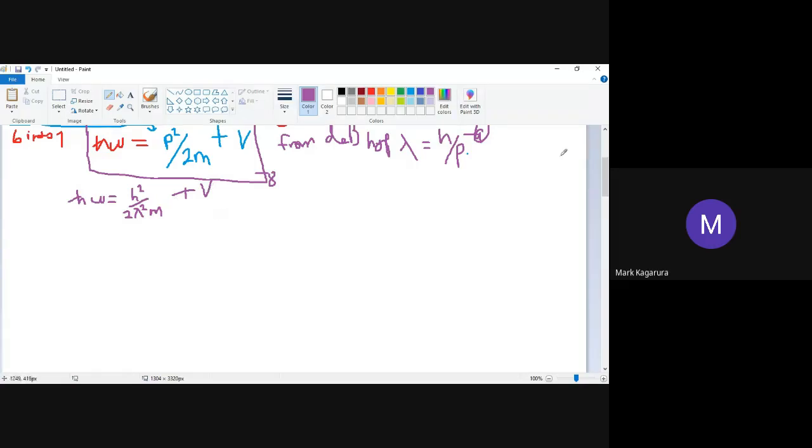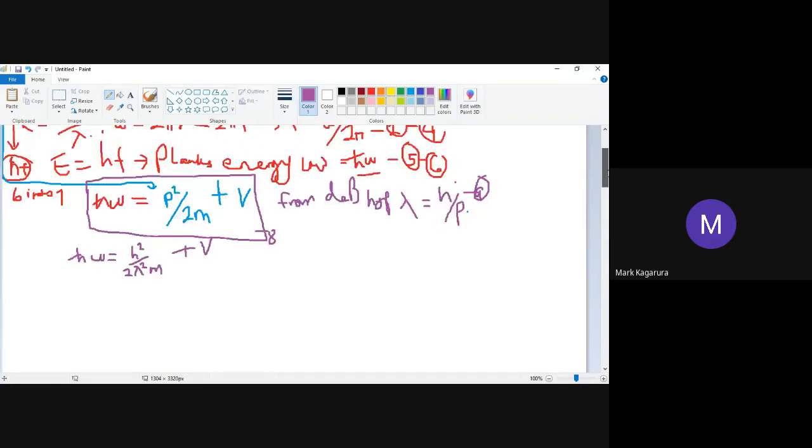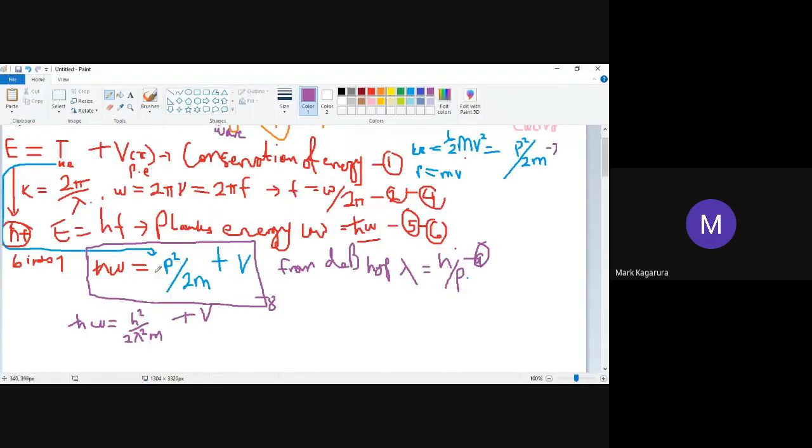Now we have lambda in terms of k, so we can express this in terms of k. It's going to be a bit fast, but you guys should do some of the arithmetic. We see 2π over lambda, that is k.